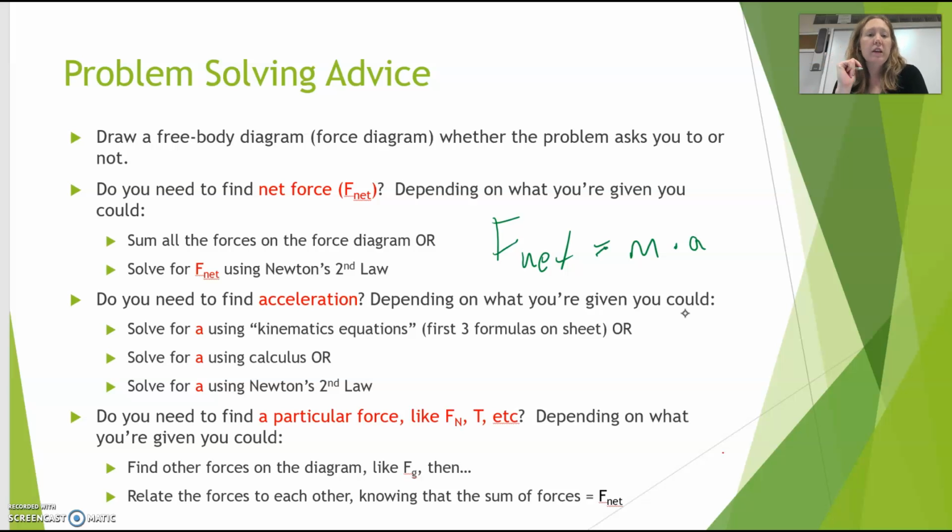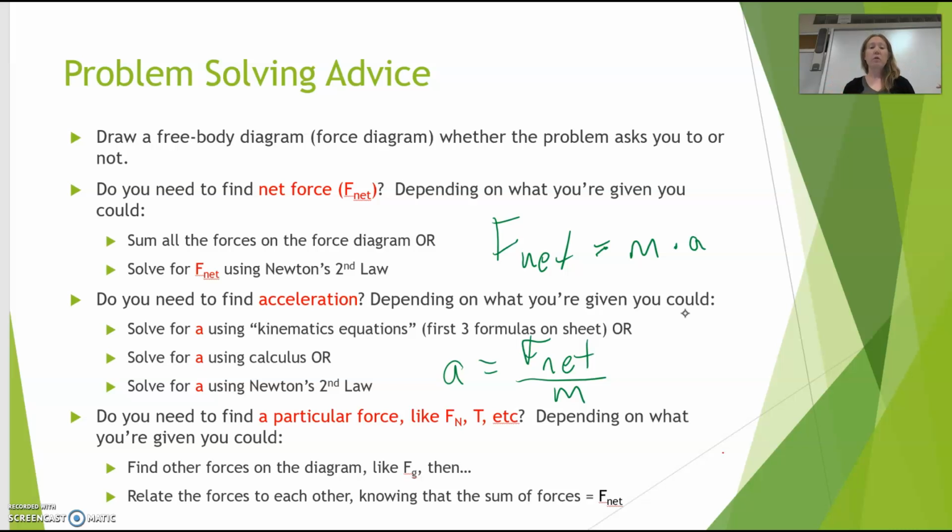Another thing: do I need to find acceleration? I could find it using the old equations from chapter 2. I could use calculus if I need to, like if they give me a velocity and I need to take the first derivative. Or maybe all I need to do is use Newton's second law. Usually the last step of a problem in this unit is to find a particular force, like tension or normal force.